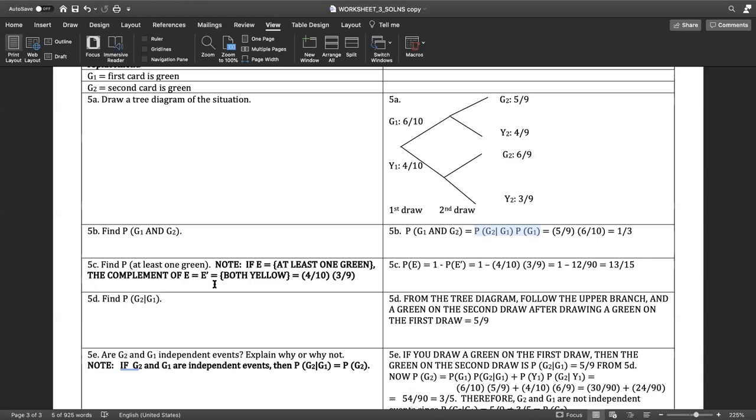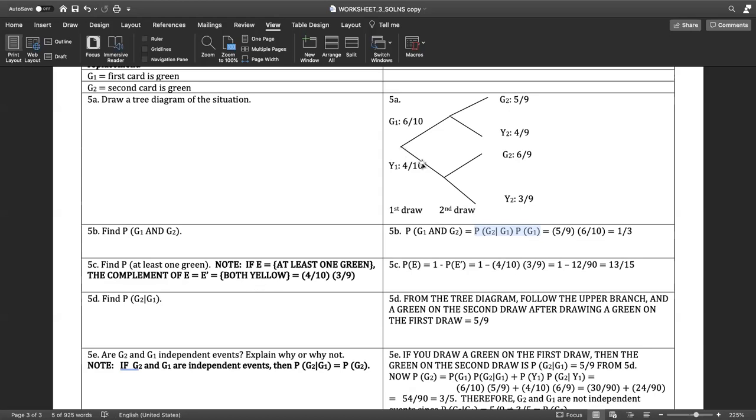So we can denote the complement of an event, E, as E prime. E prime in this experiment is that they're both yellow. Otherwise, you would get at least one green, wouldn't you? So let's calculate the probability that they're both yellow.